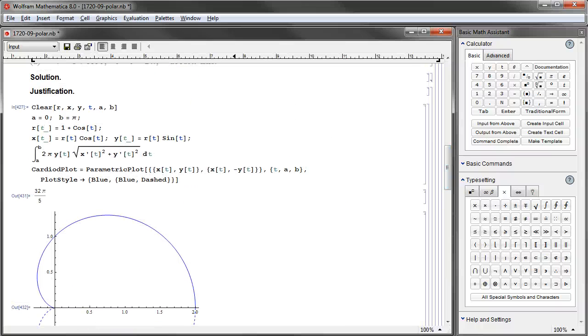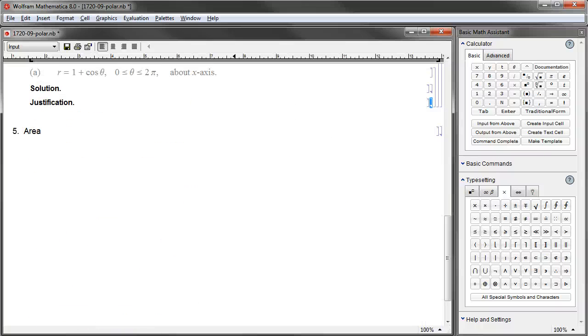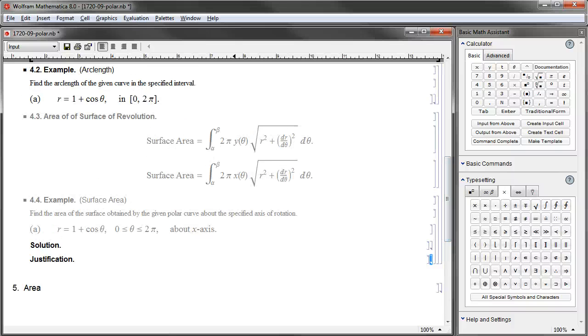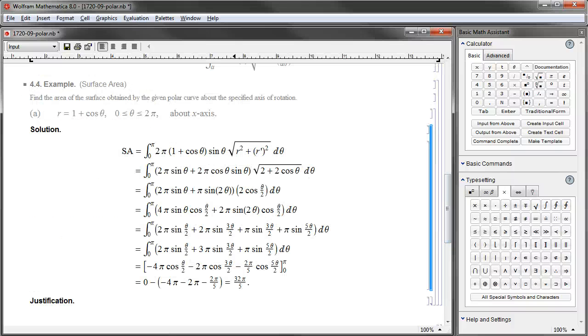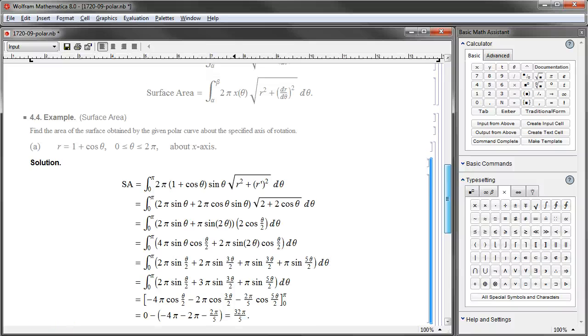Now let's do the computation, and that's going to be long and complicated. Let's begin with the formula 2 pi y, because the rotation is with respect to the x-axis, so the radius of rotation is y, and then the square root of r squared plus r prime squared times d theta is nothing more than the ds computation, which we use for arc length.